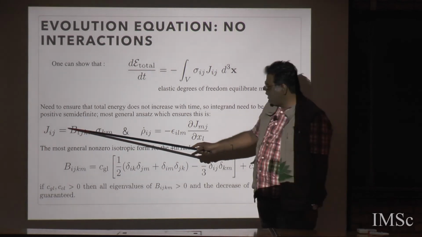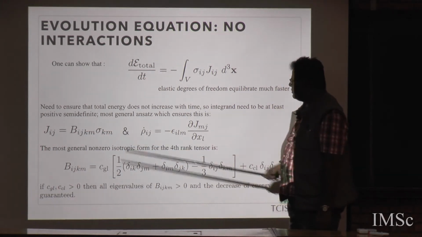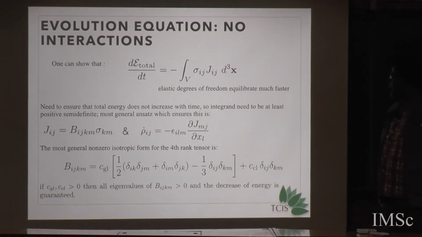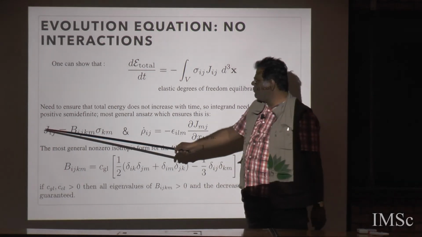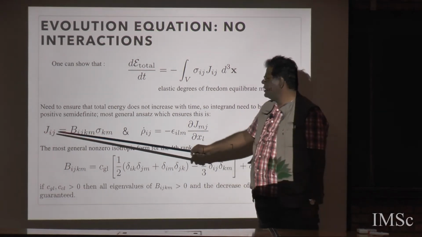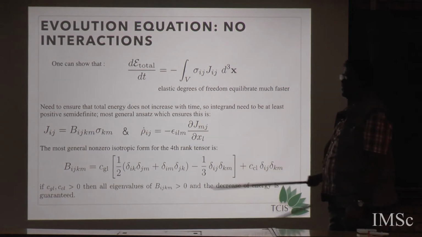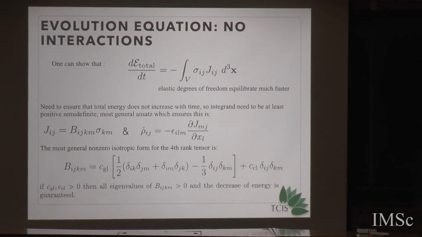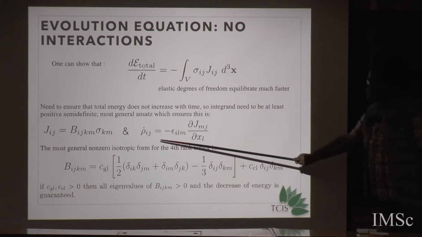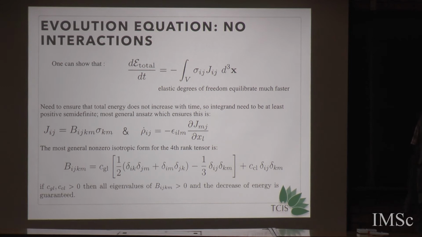Here there is a fourth order tensor. Once you have a form for this, given the stress, you plug it in here and you have the dislocation density as a function of time. So this is the evolution equation for the dislocation density, and it is very simple.